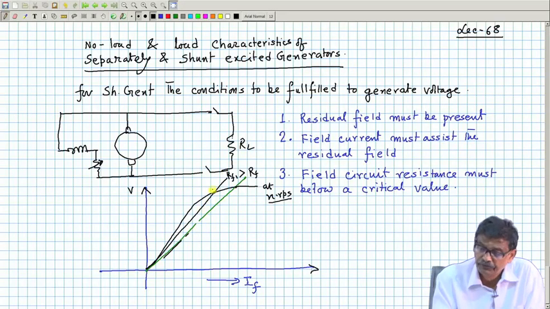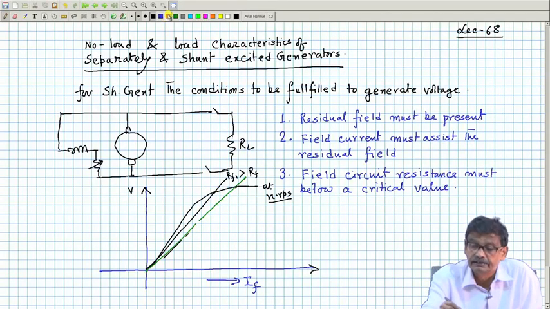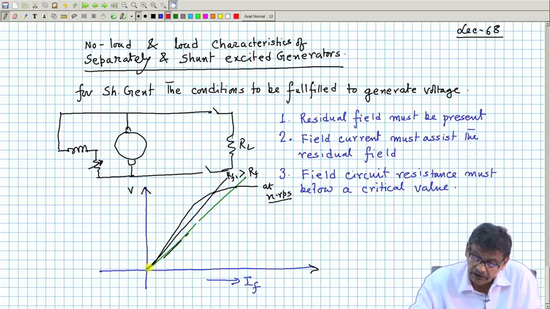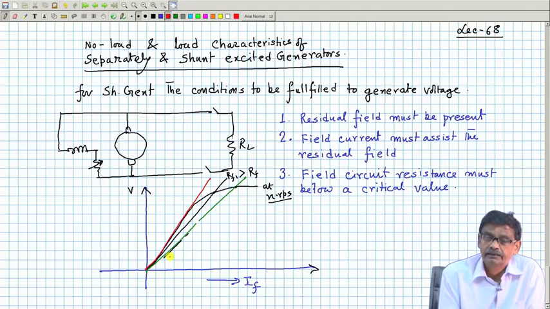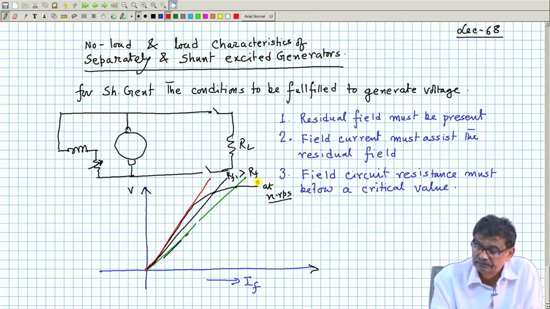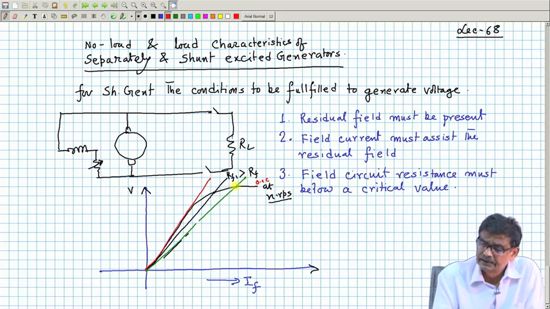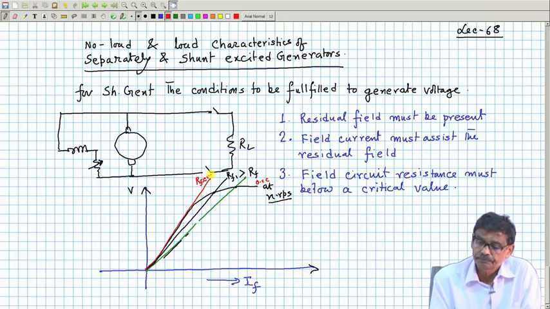In this way, if you go on increasing the field resistance, a time will come when the field resistance line will coincide with this OCC, and this field resistance is called RF critical, the critical value.